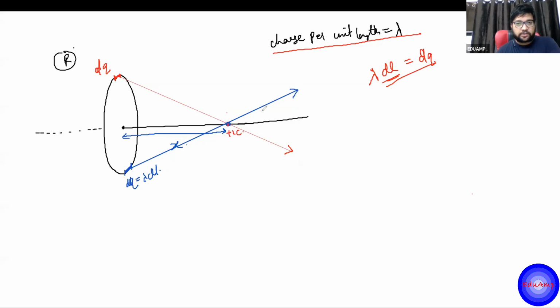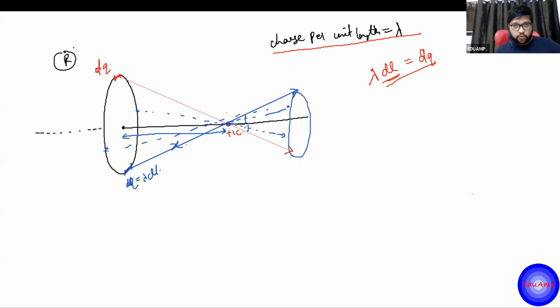Since it is diametrically opposite, it is symmetrical, right? This angle will be equal to this angle. So for all the elements on the ring, a cone of force will be made like this. For every element you select, there will be a force, and diametrically opposite that, another same amount. So there is a cone of force that is made.